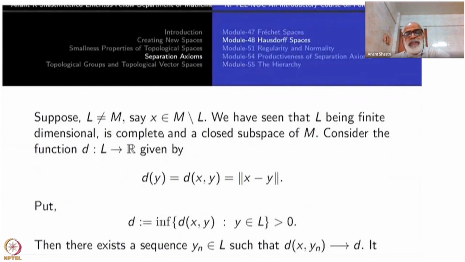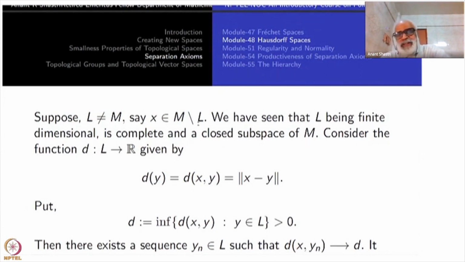This part itself is an independent thing now. Suppose L is not equal to M, that is, L is a proper subspace. Say x is in the complement of L. I want to find the nearest point to x inside L. So that is the approximation, nearest point.